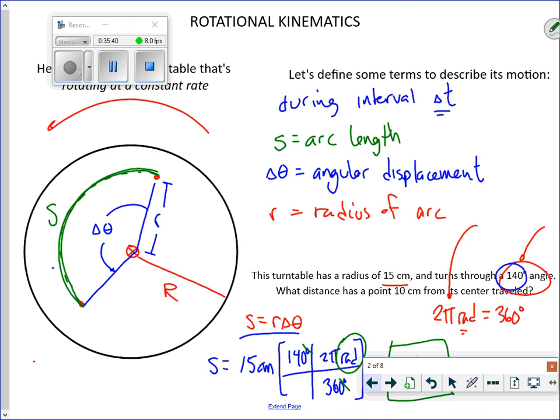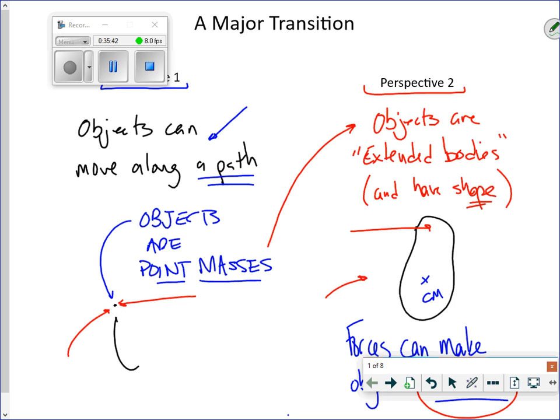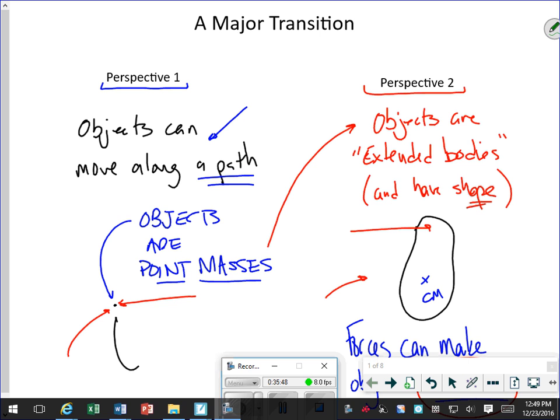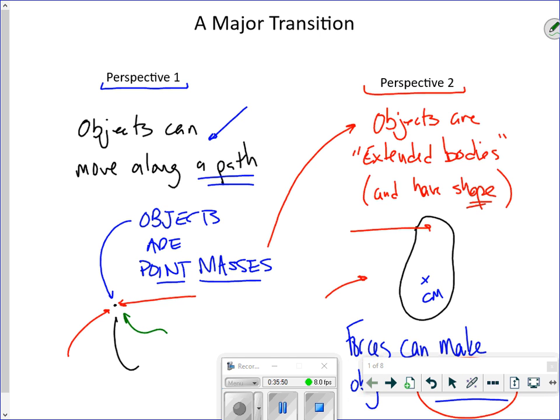Well, because it really goes back to the question of what is an object. Are objects really just these point masses that all we can do is push on the object? Or are objects actually physical objects with real shape, and we can push on a different place, and maybe that pushing here makes this object rotate as opposed to move in a line? So we've got to be able to account for some more real world stuff where not everything's as simple as maybe sometimes we'd like to say it is.